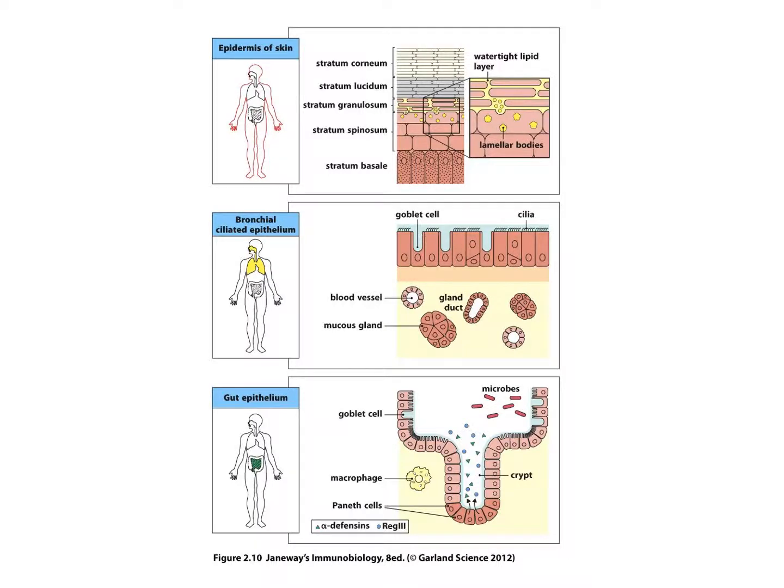Now, when you look at the epithelial linings, whether you're talking the skin, the epithelial lining of our lungs and airways, or our gut epithelium lining basically from the stomach and the gastrointestinal tract, what we are seeing is tight columnar epithelium here and the stratum basale.